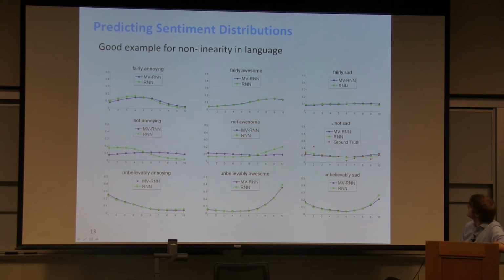And so, for instance, not sad, we would see a very mild sort of U-shaped curve here, but mostly it's almost kind of uniform. So you saw out of the total number of movie reviews, how often you saw sad, and 20% or so of the times you saw this bigram not sad, it was in 2-star movie reviews. Sorry, what's the y-axis and x-axis again? So the x-axis these are essentially bins.